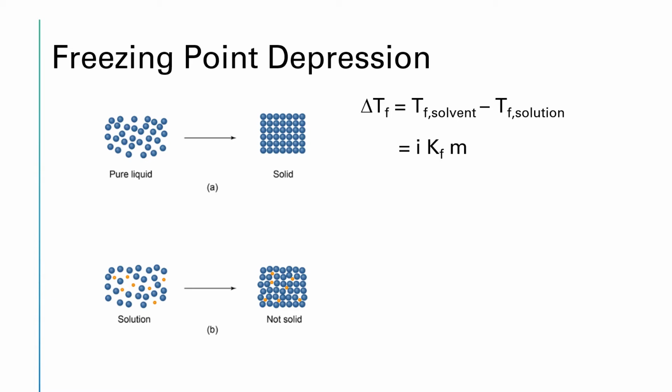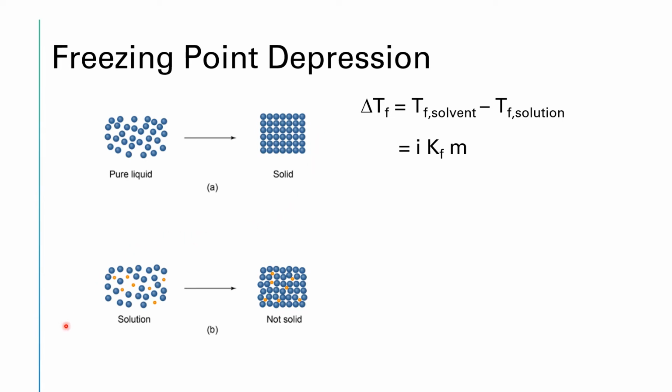Freezing point depression happens because when a solute is added to a pure solvent, the solute particles interfere with how that solvent crystallizes. So the top diagram shows a pure liquid, and it's in the liquid state. If we remove energy from it so that it can freeze, it forms a solid where the particles are lined up very neatly in a crystal structure.